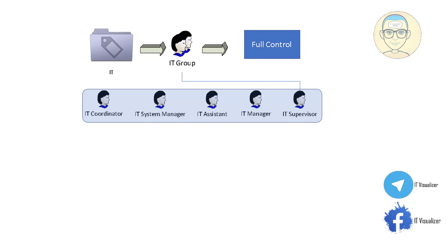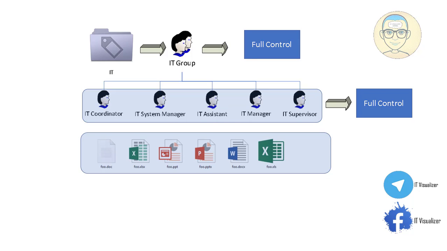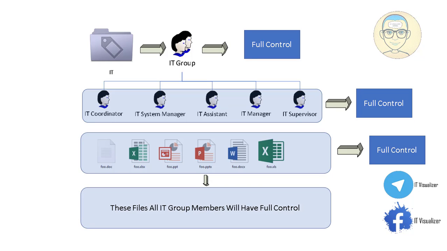All of them are members of the IT group, so they will have full control over the folder. Okay, so these are the files, and all IT group members will have full control.